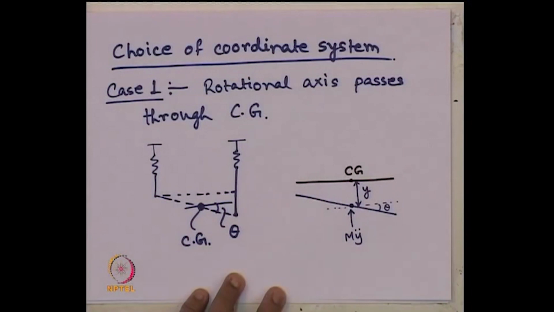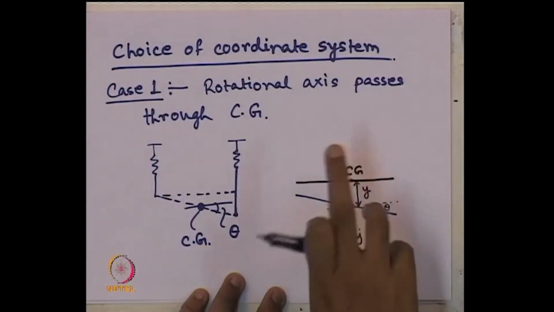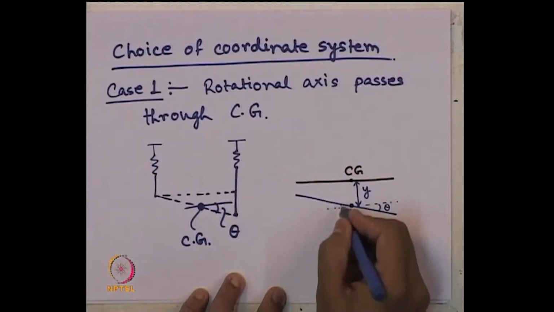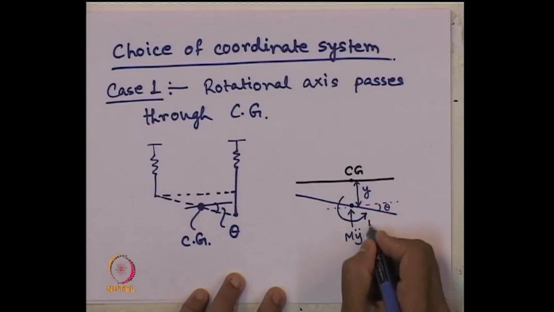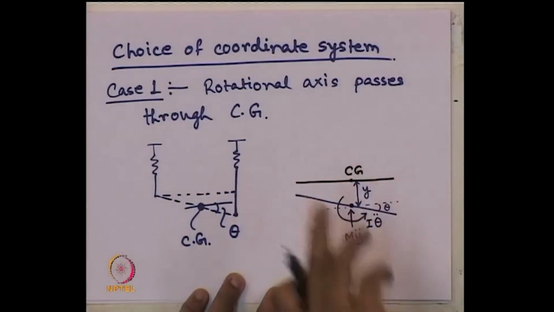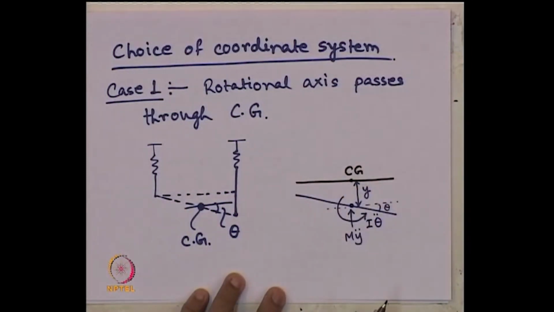Also it has rotated, so there will be a rotational inertia force, which will try to put it back to its original position. So, I theta double dot in this direction, so that it goes back to its position.